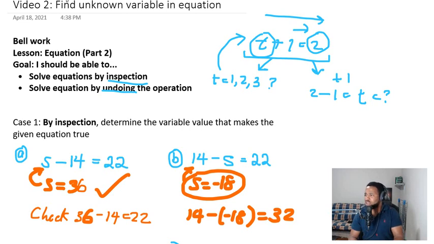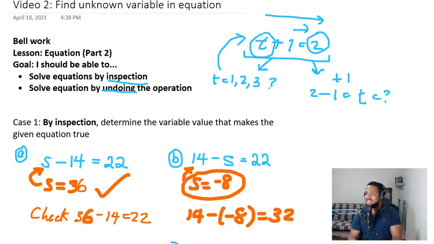Once you try the number -8, let's see what our answer will be in this particular case. If we try -8, what we notice is that negative times negative, the same signs, gives a positive value, and therefore 14 plus 8 will give you 22.